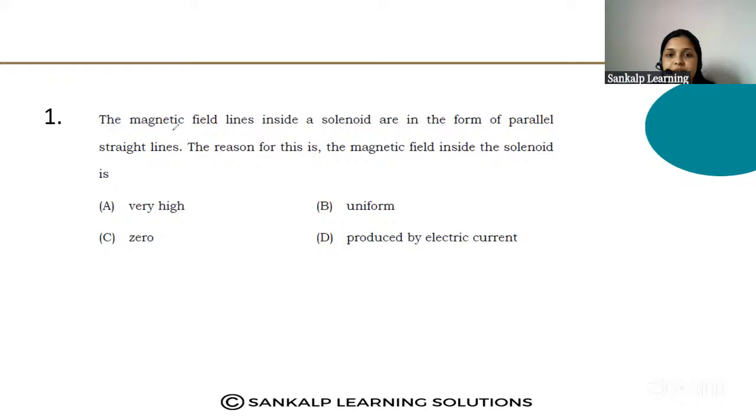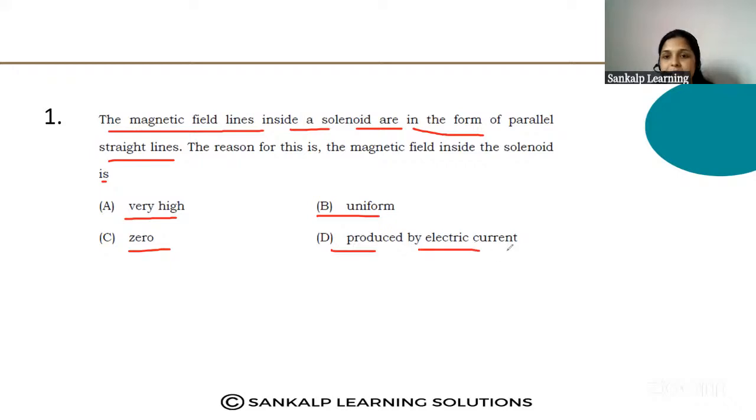The magnetic field lines inside a solenoid are in the form of parallel straight lines. The reason for this is that the magnetic field inside the solenoid is: option A, very high; option B, uniform; option C, 0; option D, produced by electric current.